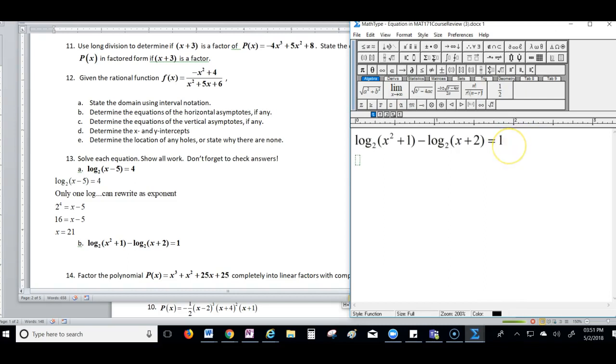So here I need to combine to make one logarithm. I'm going to use that quotient rule that says that the difference of two logs of the same base can be re-expressed as the log of the quotient.